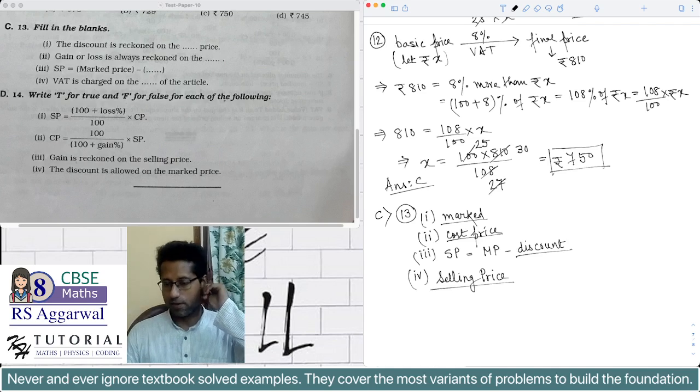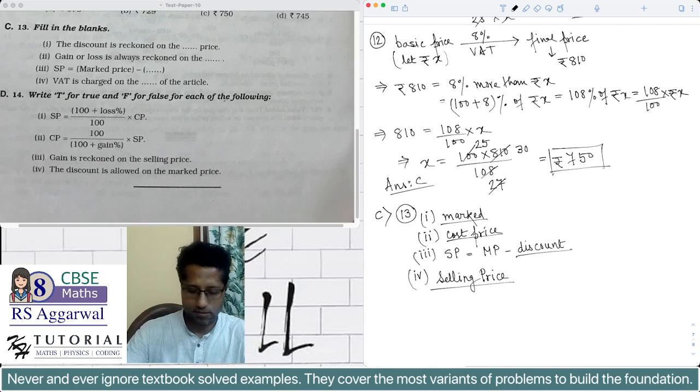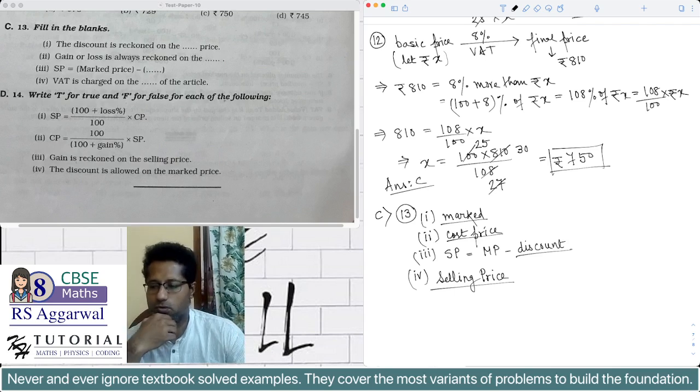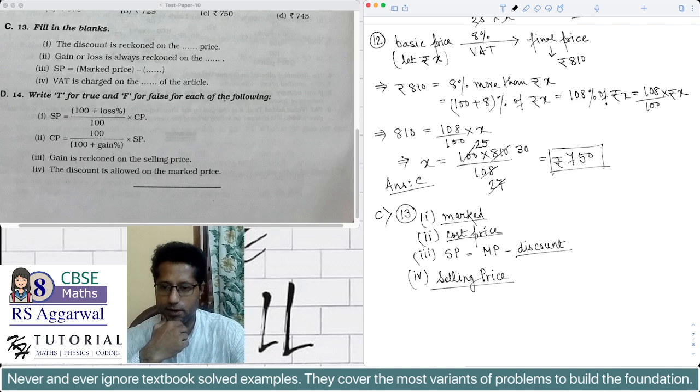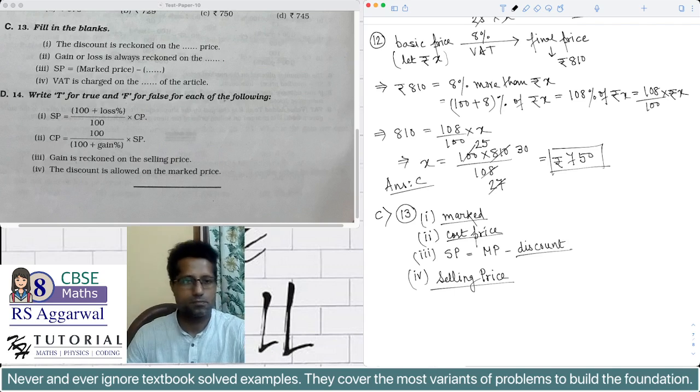And if the customer has to pay any tax, that is sales tax or VAT, that VAT percentage or sales tax percentage is added to the selling price, and that tax amount is calculated on the selling price. Okay.